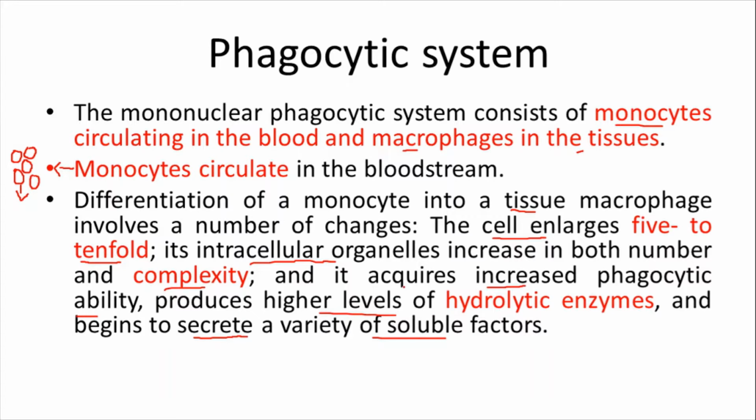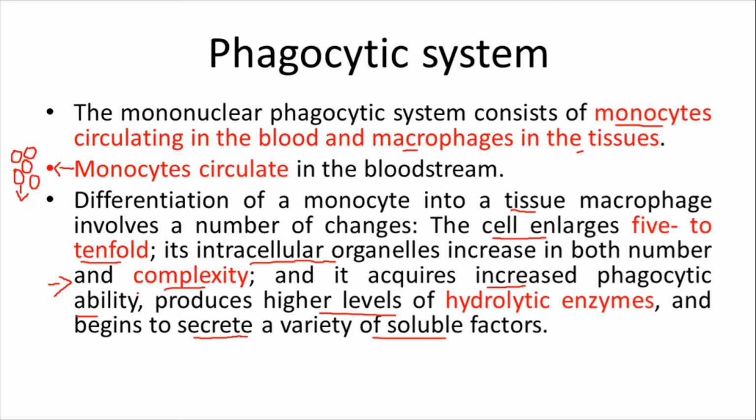So these are the basic differences between the monocyte and macrophages at the biochemical level. At the morphological level, they are the size, the pseudopodia, and the observation of the number of granules. This is the basic difference between monocyte and macrophages.